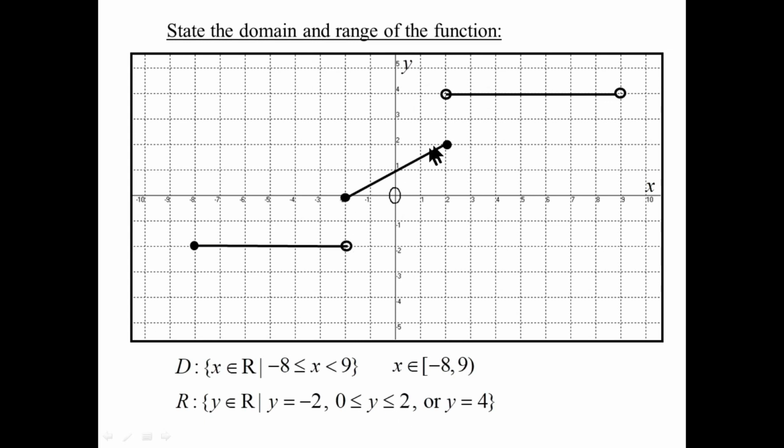So we'll include these because those are closed dots. And or y equals 4. Y equals 4 all along there. So it's kind of a list. -2, or in between 0 and 2, or 4. So we have to make that list.